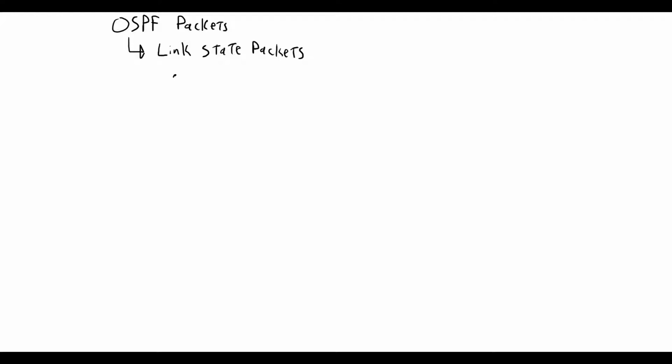The first one is just a hello packet. This is kind of like the super friendly neighbor that moves into your neighborhood and goes around and greets everybody. So this is basically just an announcement of your existence to neighbors.